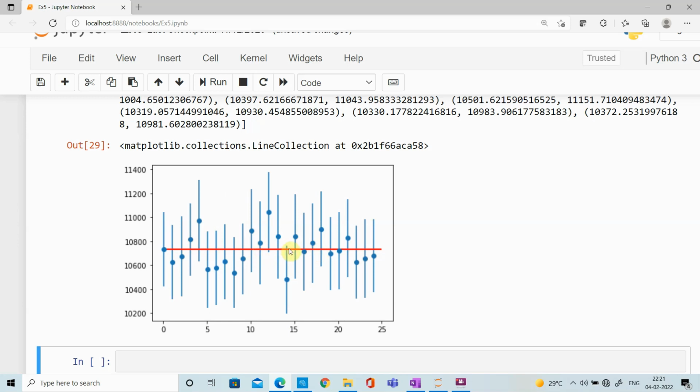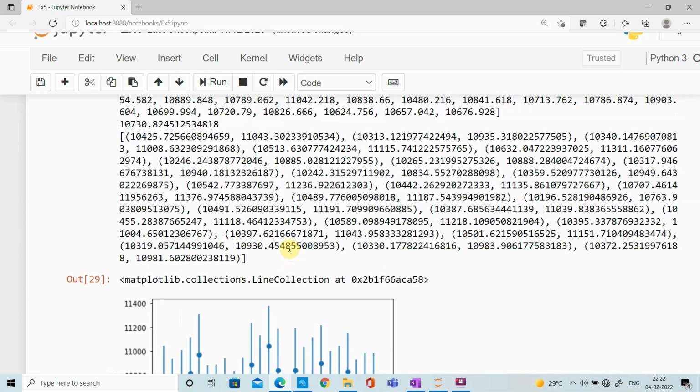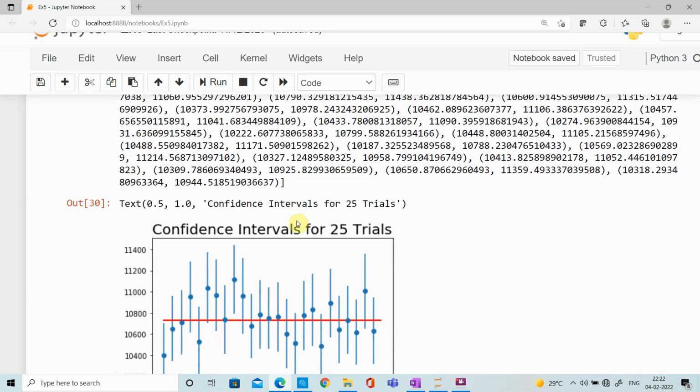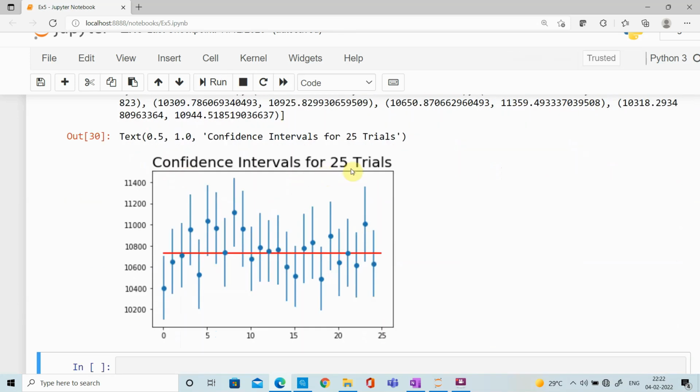That is why it is given as 95% of the time. If you repeat your experiment, 95% of the time you can ensure your population mean will lie within the confidence interval. So you can give a title, which will help you understand the confidence interval for 25 trials.